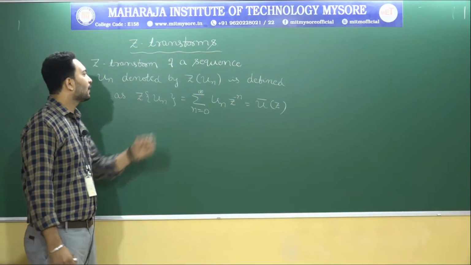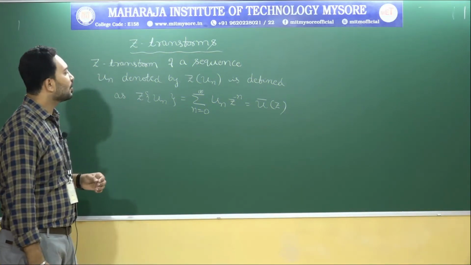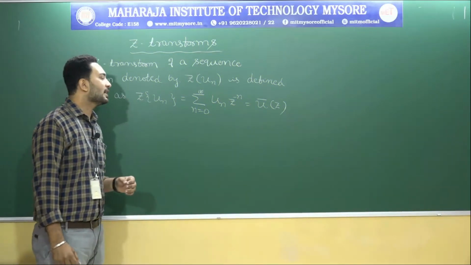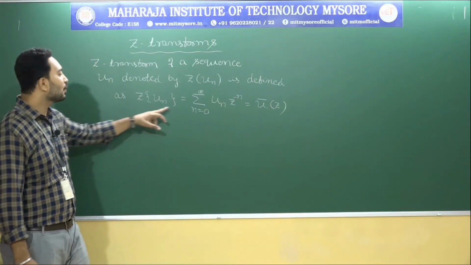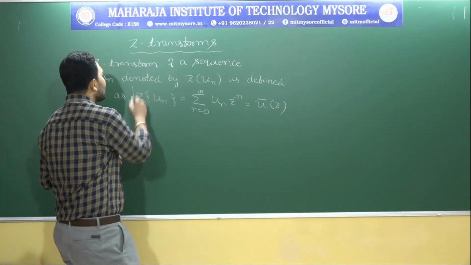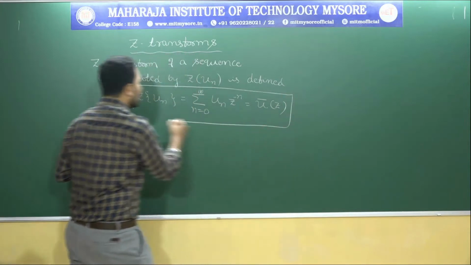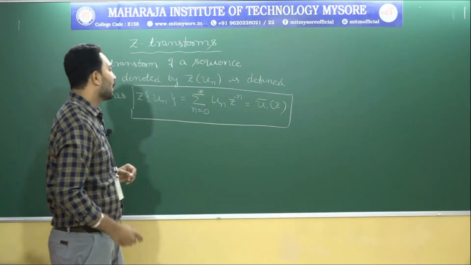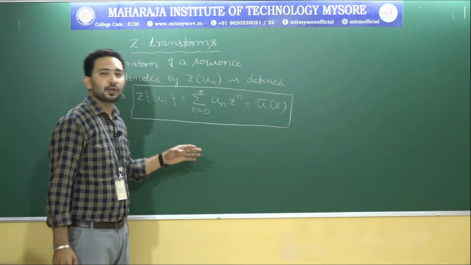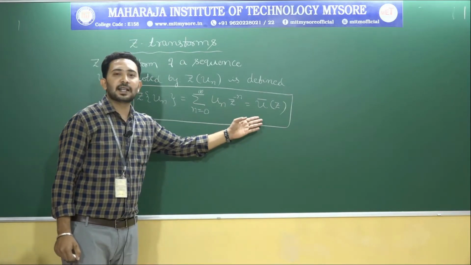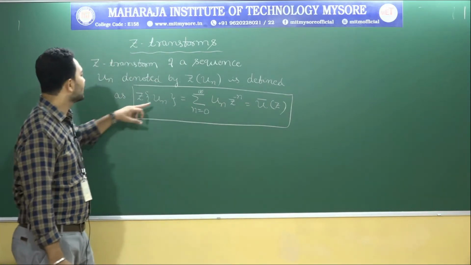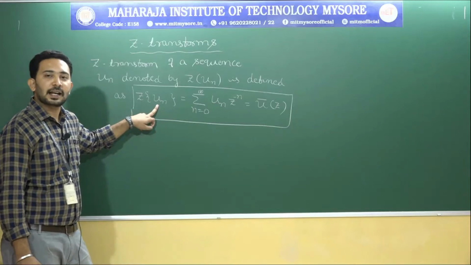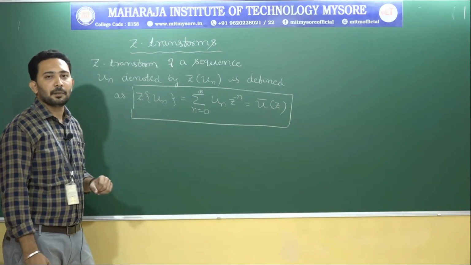The Z transform of a sequence u_n, denoted by Z of u_n, is defined as Z of u_n equals summation n equals 0 to infinity u_n into z power minus n, which is equal to u bar z. Here u bar z is the Z transform of sequence u_n and z is a complex number.